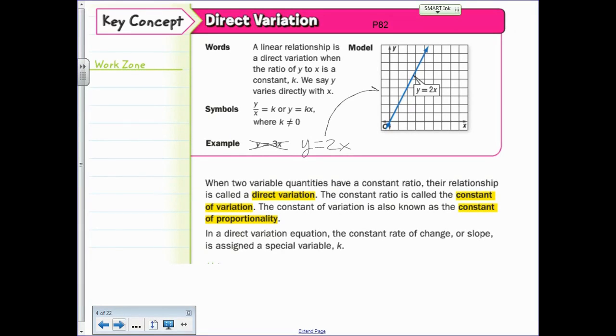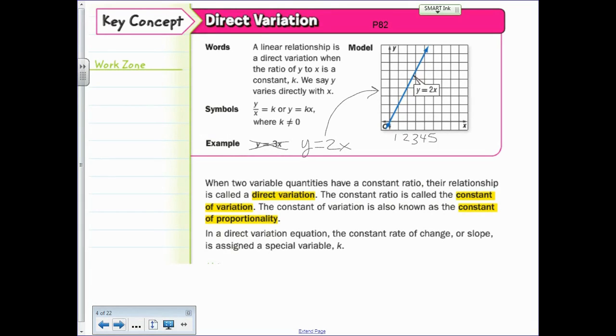It is represented by this graph, y equals 2x, where if you notice, first of all, it is proportional because it is a straight line going through 0 on the graph.